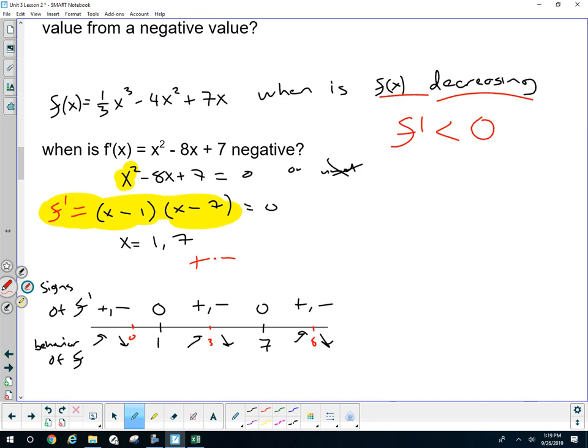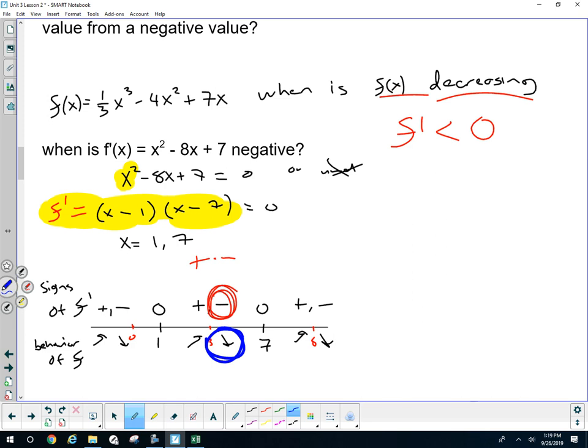I don't care what the numerical values are. I just care that at 3 it's a negative, which means all of my values are negative, which means my function f of x has to be going down from 1 to 7.